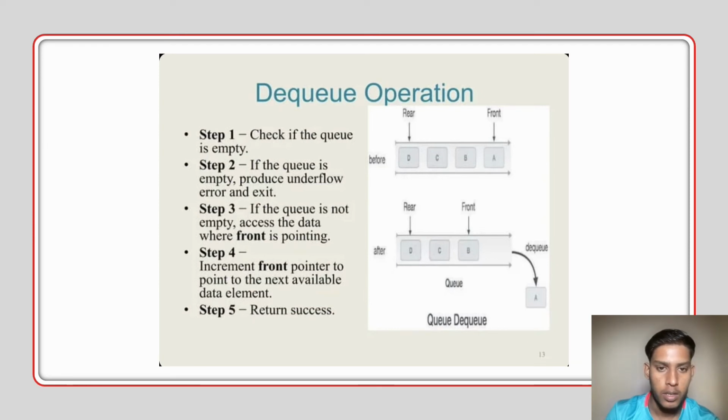Like A is deleted, B is the front, and C and D are the rear. The rear cannot be changed, but the number of elements decreases to n minus 1 when we perform the dequeue operation, deleting one element in a single step.